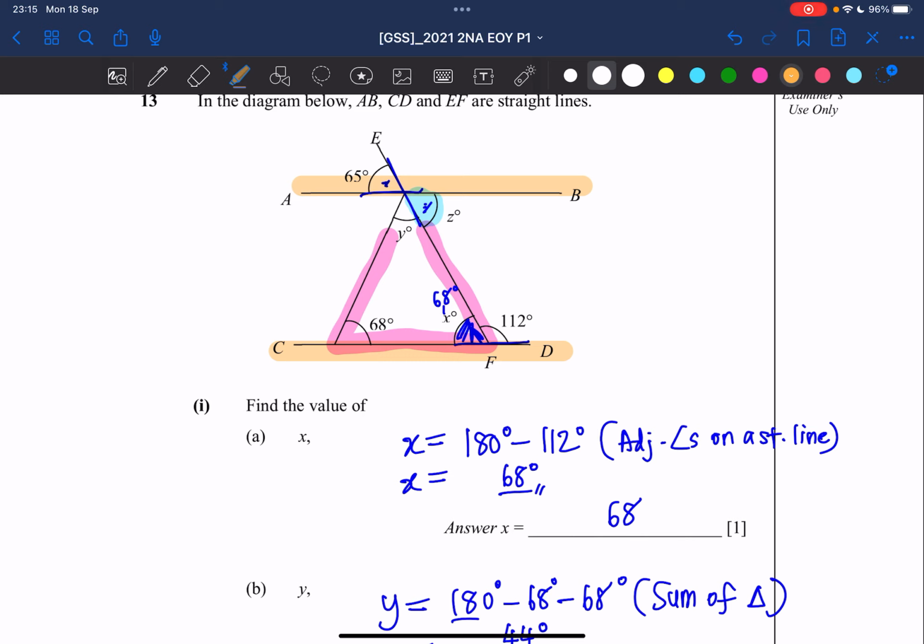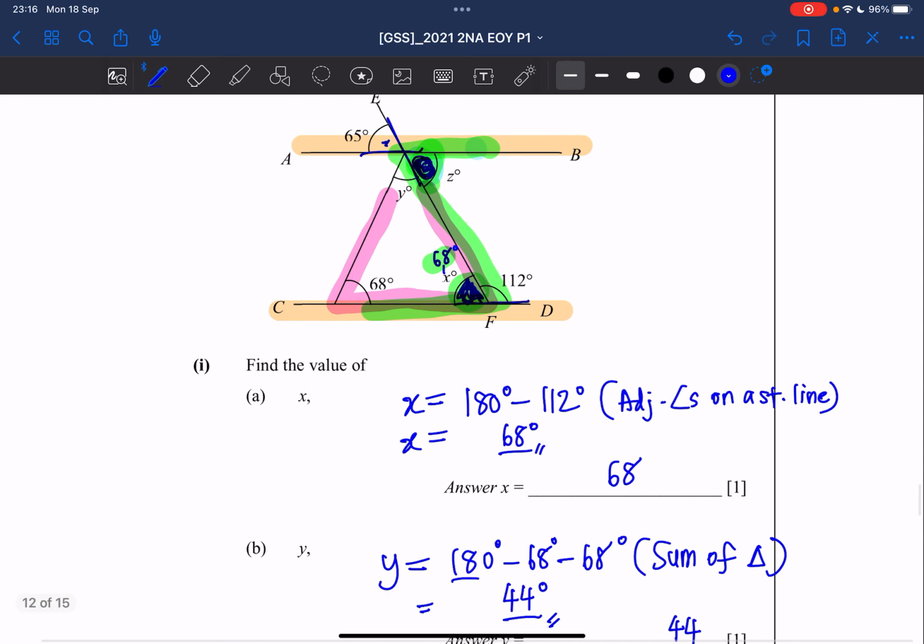For these two to be parallel, this angle and this angle must be the same, because they must form the letter Z. So these two angles must be the same. So just now this 68, and for the letter Z, we found this to be 65. So are they the same? This 68, this one is 65. So they are not the same.